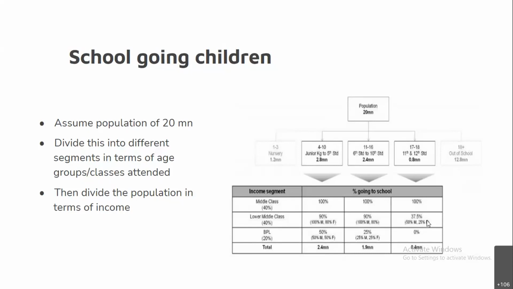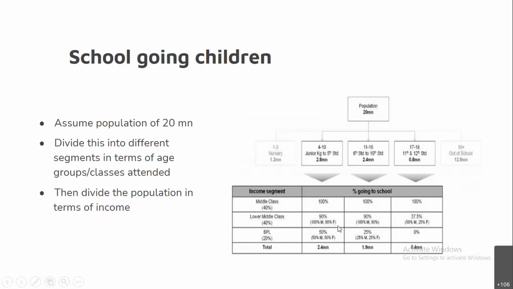Some people drop out after 10th, do a diploma, or go for work because of family needs, or they may have a different approach to life, of course. But we're talking about lower middle class families taking half of the boys and a quarter of the girls, because it's half again. So a quarter of the girls go to higher secondary. So that's an average of 37.5% of the population going for 11th and 12th grade.